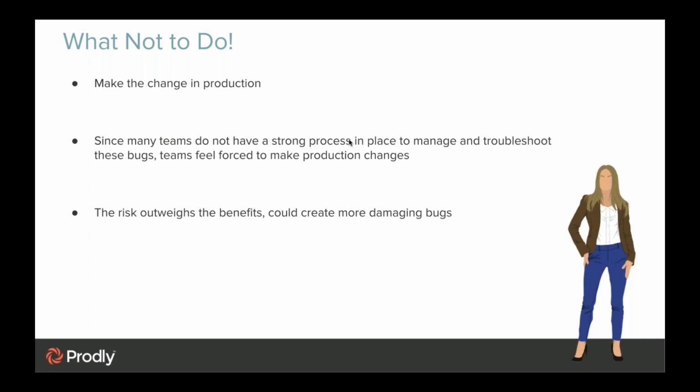This is more along the lines of change management best practice overall, not necessarily Prodly, not even necessarily Salesforce. But since many teams don't have a strong process in place to take care of those things, they may feel forced to make those changes in production. Again, big no-no. Generally, the risk far outweighs the benefits when you're thinking about making changes in production.